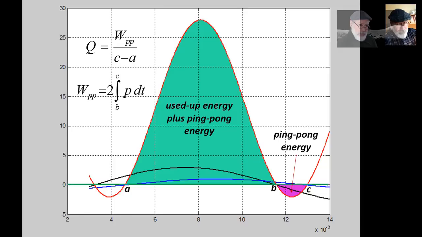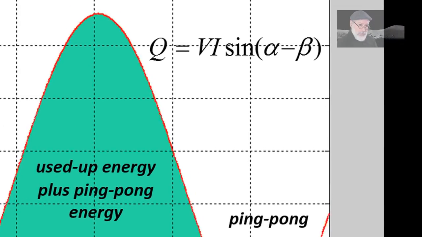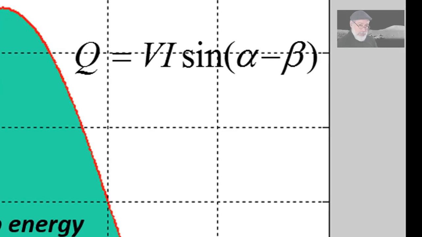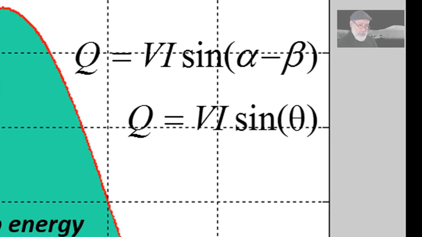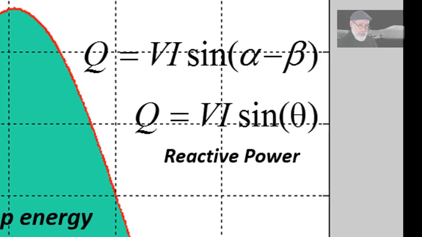If you do the math and simplify, that Q, that reactive power, is VI sine of alpha minus beta, VI sine of theta. That is a computation for reactive power, the power that corresponds to the energy that ping-pongs back and forth between the generator and the inductors and capacitors in our load.